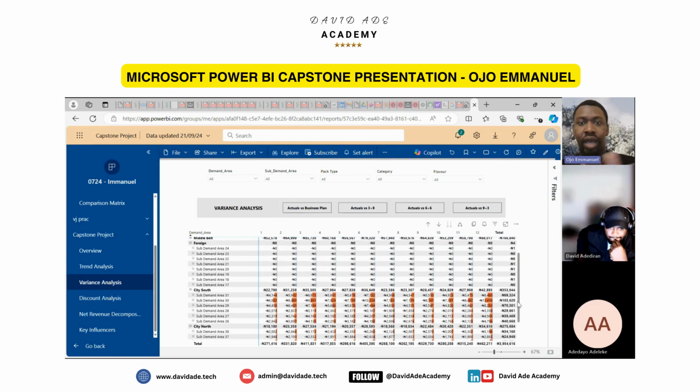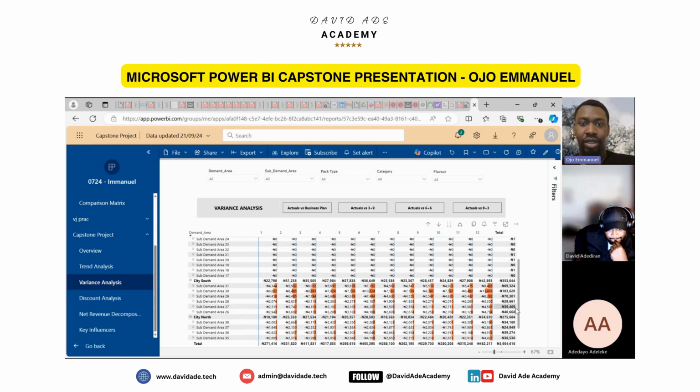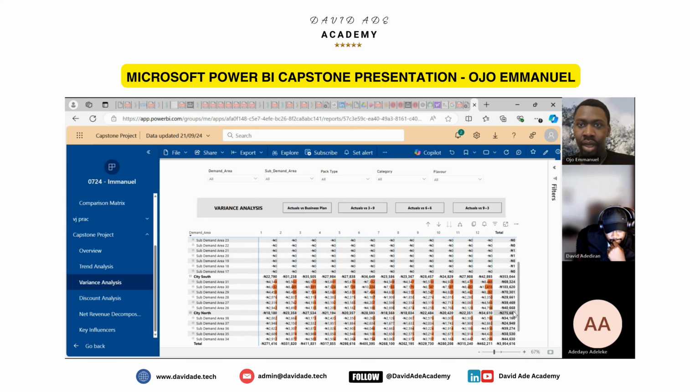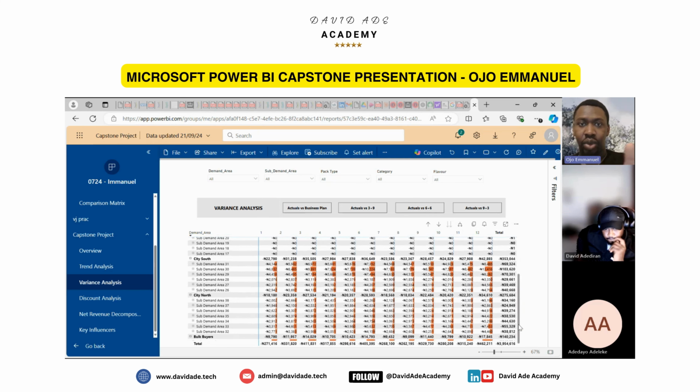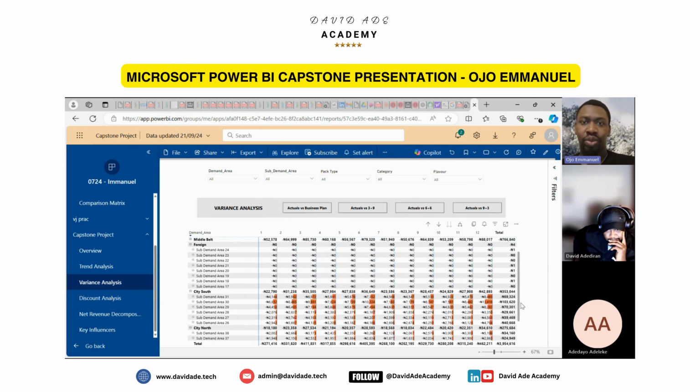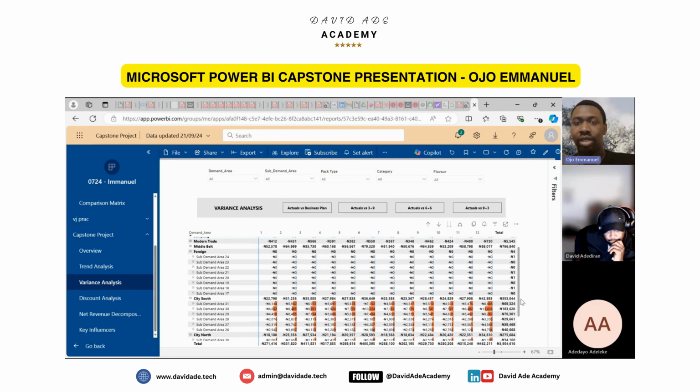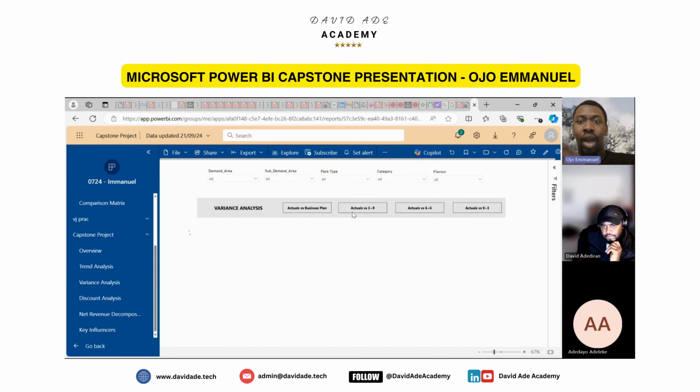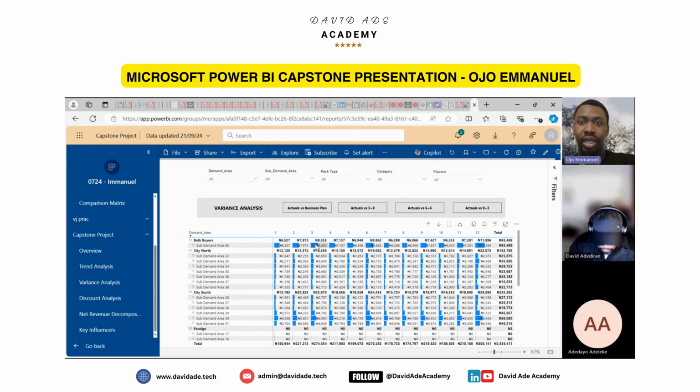So we can see that in actuals versus business plan, we had losses. Then, we can see we had losses in actuals versus 3 plus 9.